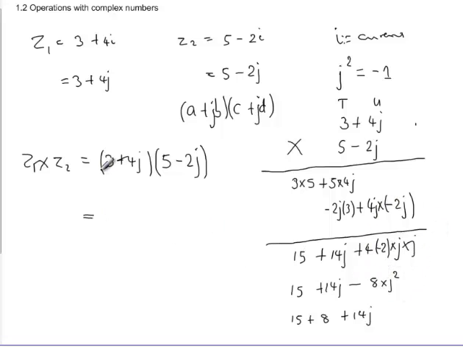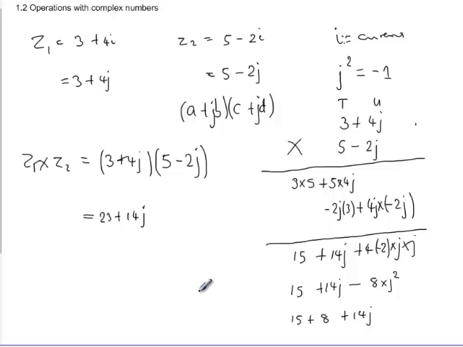But we could have continued with the exercise multiplying in detail, whichever way you want to do it, as if I'm multiplying 13 times 14 times 12. So now your answer becomes 15 plus 8, 23, plus 14j. Are we together, guys?